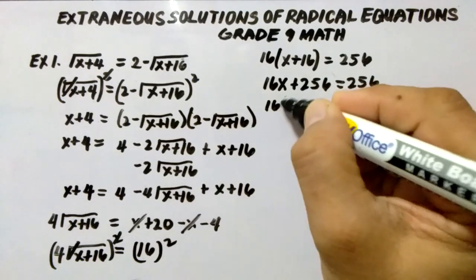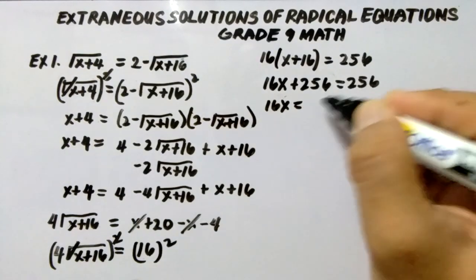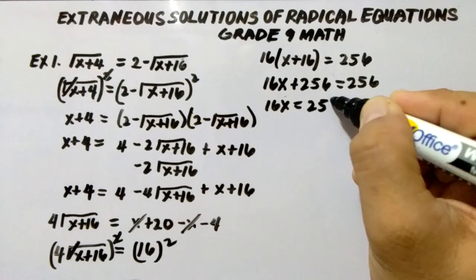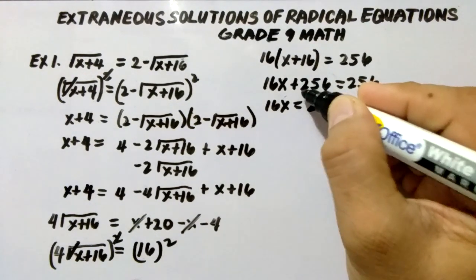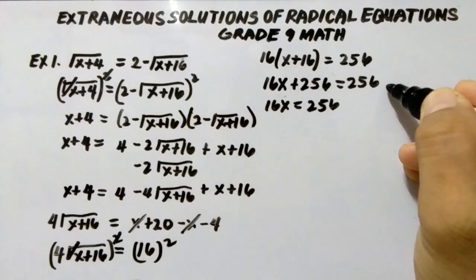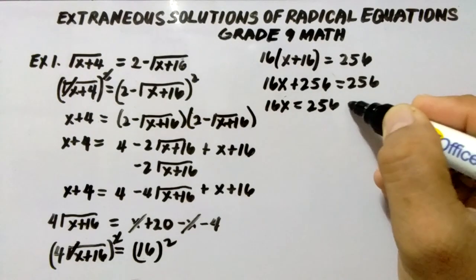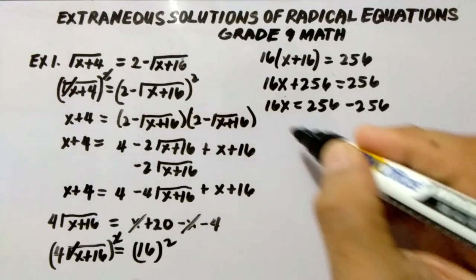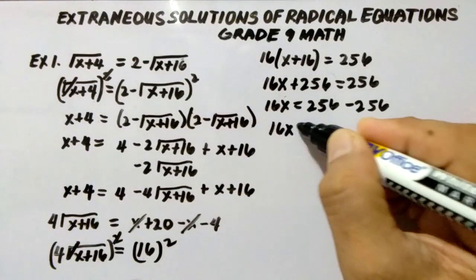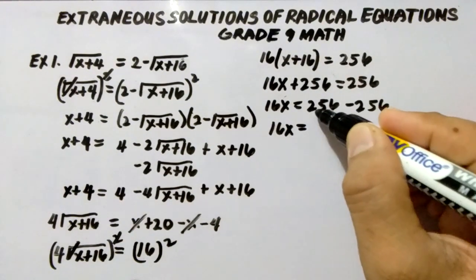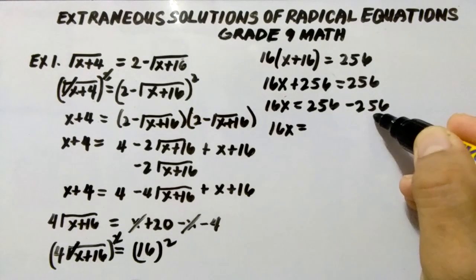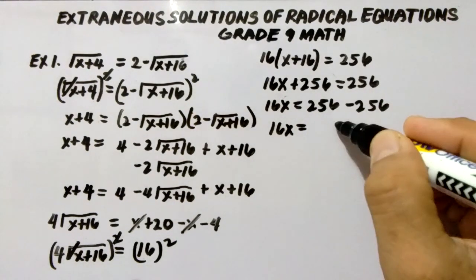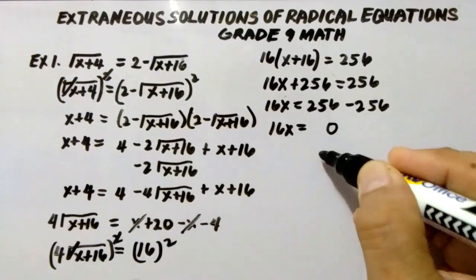Then, 16x is equals to 256. Then, transpose natin. Positive 256 to the right side. So, becomes negative 256. Then, 16x is equals to, so, positive 256 minus 256, that is 0.